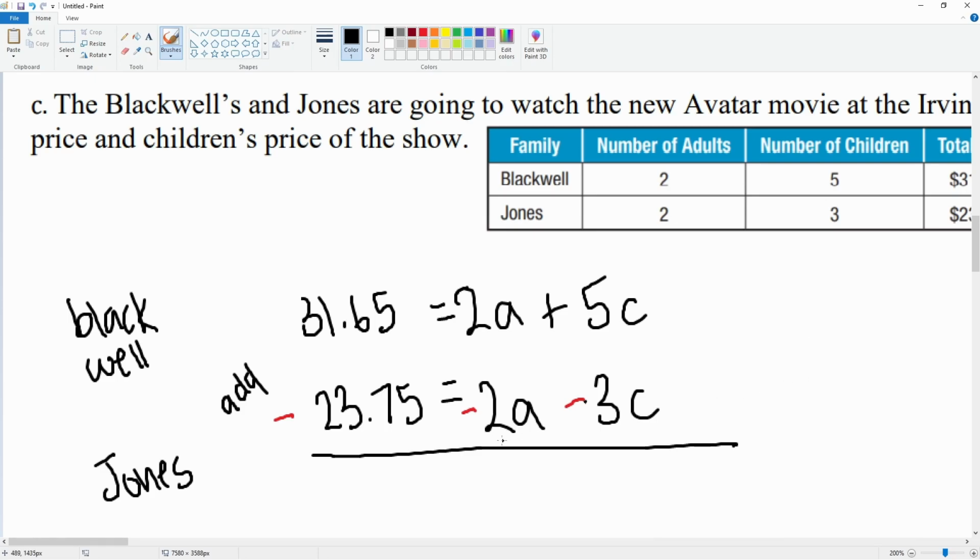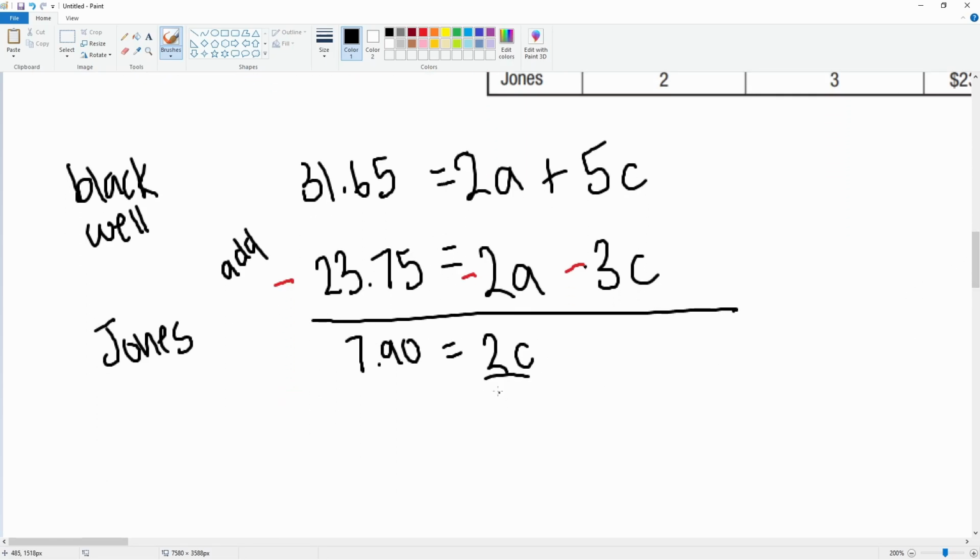That gets you $7.90 is equal to, the adults cancel, leaving you with 2C, or 2 children. Divide both sides by 2. So $3.95 is for the C. This is the children's ticket.